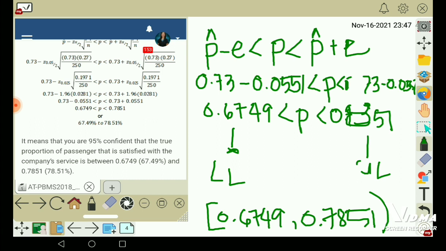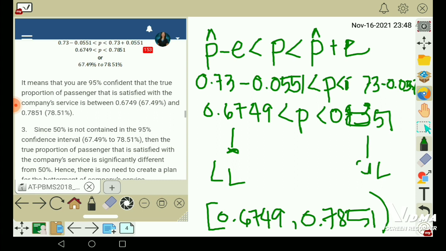So you are 95% confident that the proportion of passengers that are satisfied with the company service is between 0.6749, or 67.49%, to 0.7851, or what we call 78.51%.